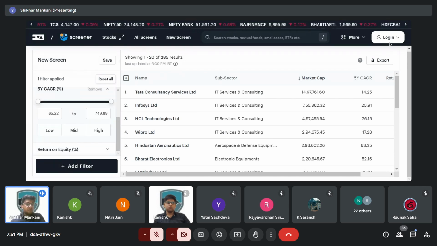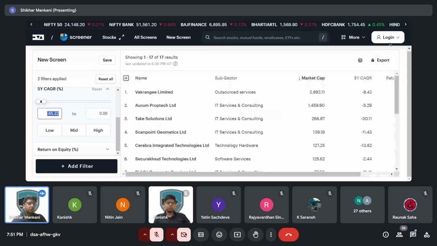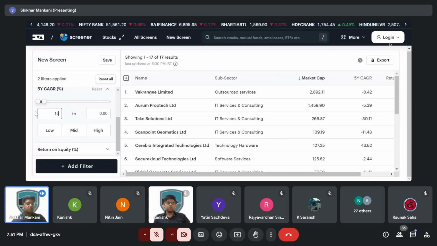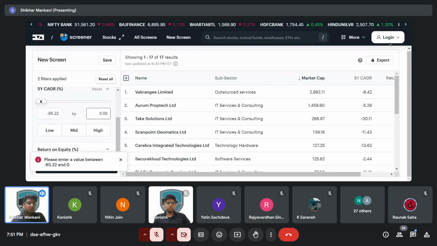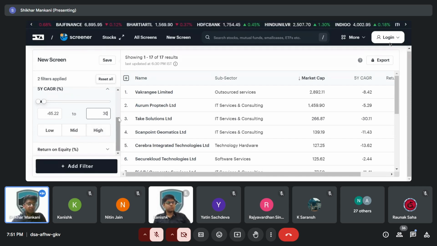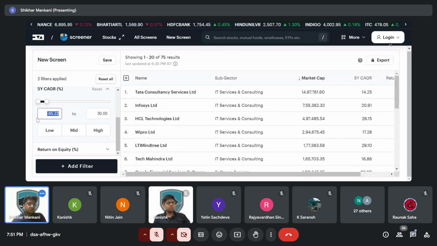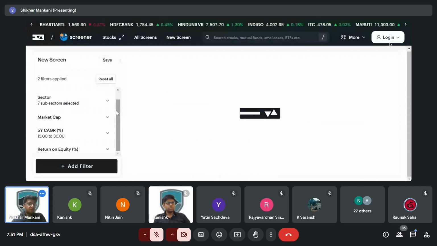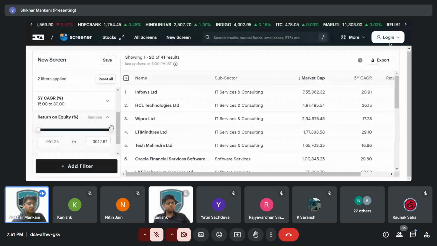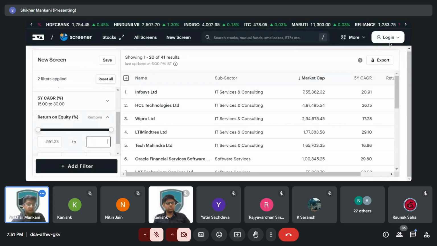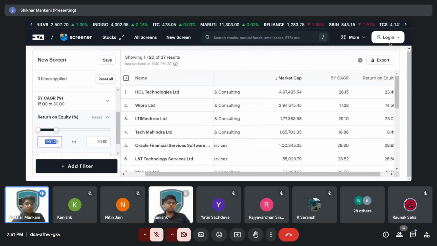Now we set the 5-year growth rate at a minimum of 15%, which is quite good for the stock markets, and a high of 30%. And for return on equity, we'll filter this out too. Let's keep the upper limit at 30% and the minimum limit at 15%.